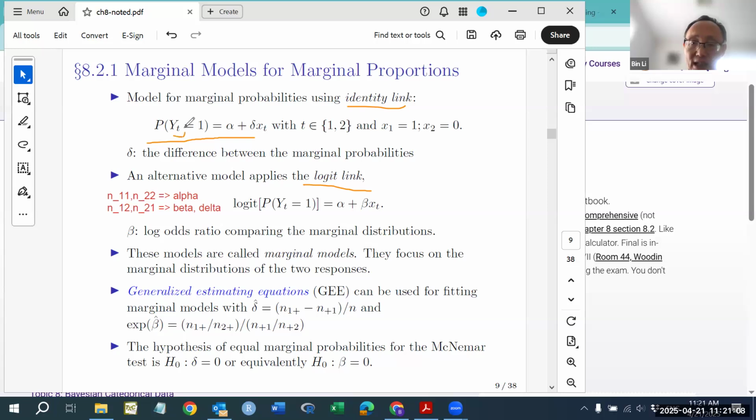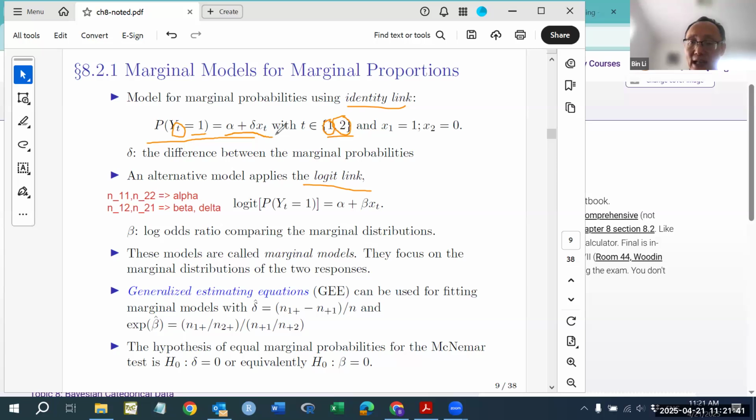Here we have an index t, which is the index for question 1 or 2. Question 1 is to increase the tax rate, and question 2 is to cut the living standard, right?